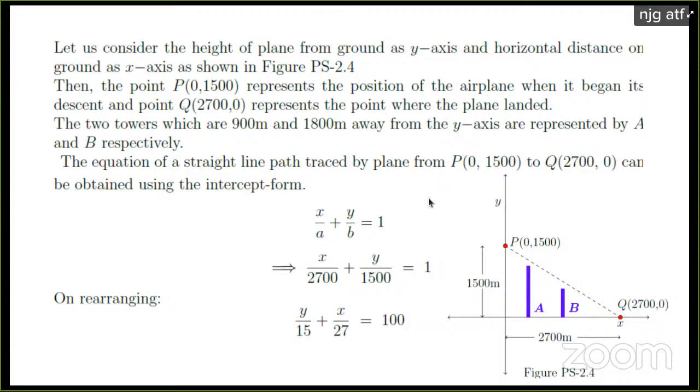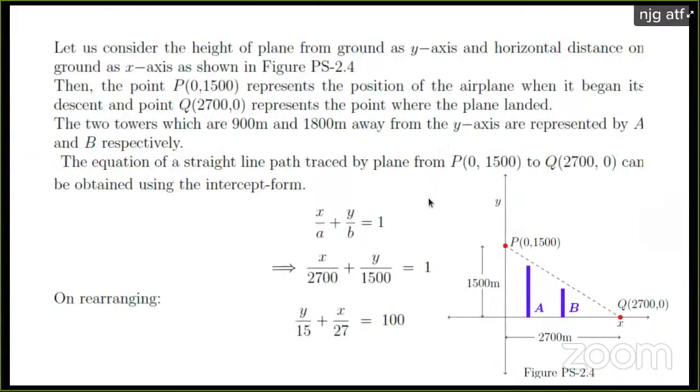If you rearrange the terms, you will get y/15 + x/27 = 100. So this is option C, I guess. Many of you have given option C as the correct answer. So the equation of the straight line could be this, because as I have chosen the origin at that position, I got this equation. If my origin is somewhere else, I might get a different equation. So this could be one of the possible straight lines on which the plane has passed.